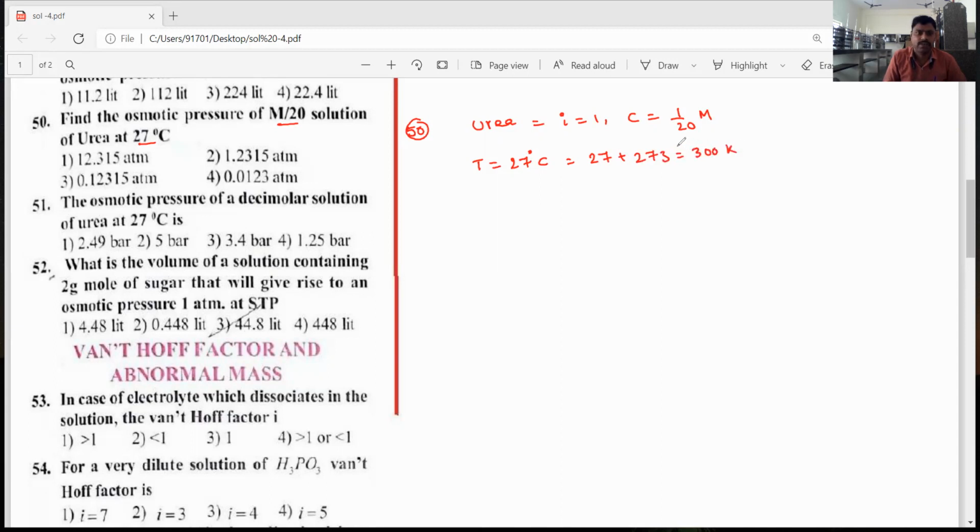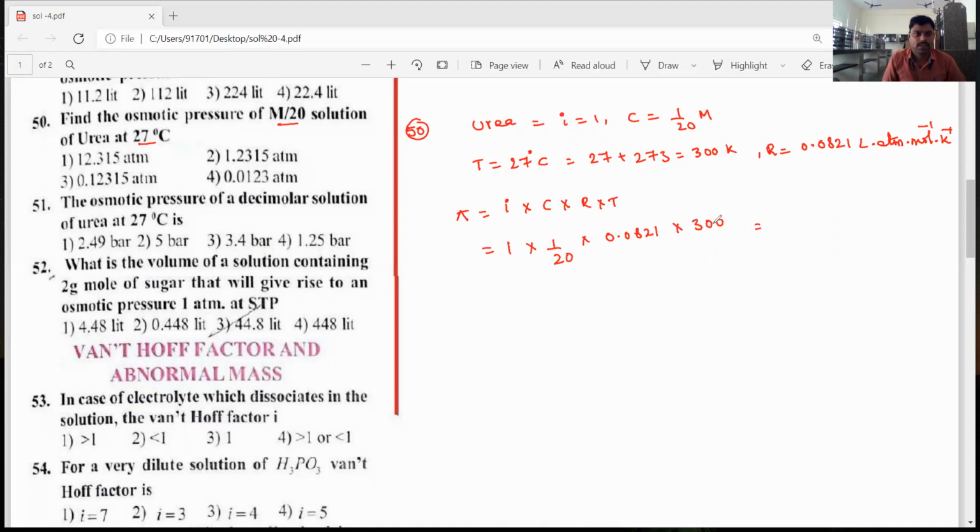Okay, dear students, we know the temperature, and the R value in liter atmospheres is 0.0821 liter atmosphere per mole per Kelvin. Now the osmotic pressure pi is equal to i into C into RT, a direct formula. The i value is 1, the concentration is 1 by 20, the R value is 0.0821 and the temperature is 300 kelvins.